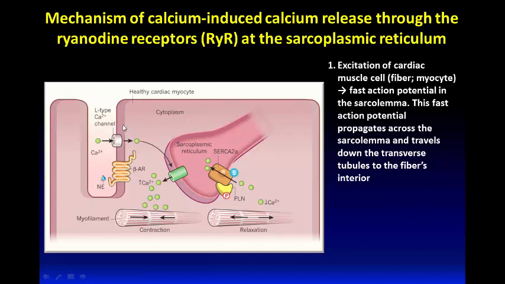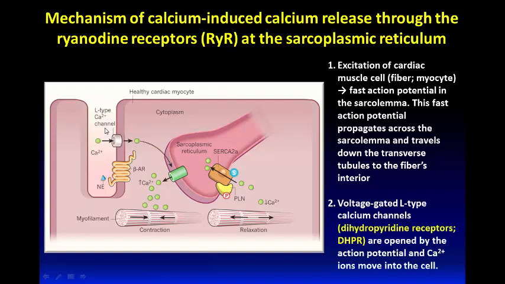And when the action potential reaches the T-tubular system and the voltage is slightly changed, the voltage-gated L-type calcium channels, the dihydropyridine receptors, are activated and opened by the action potential, and thus calcium ions get into the cell.